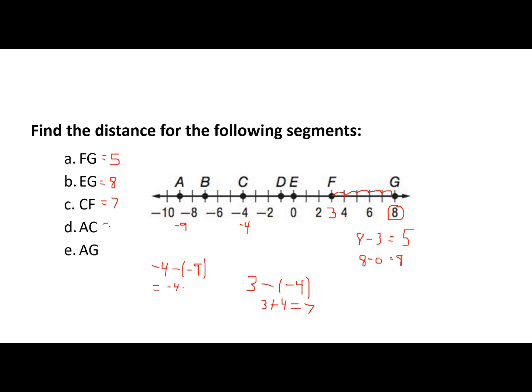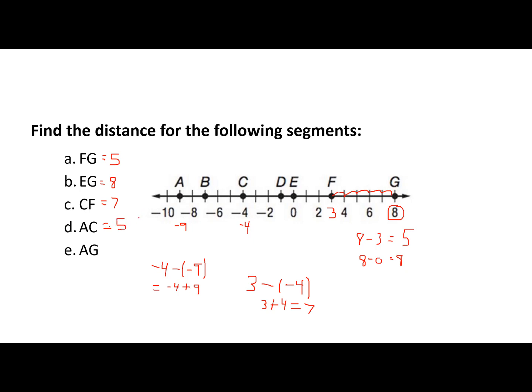Subtracting a negative number becomes plus. So this is the same thing as -4 plus 9, and again, using a calculator, you will see that the answer is a +5. Distance is always positive.